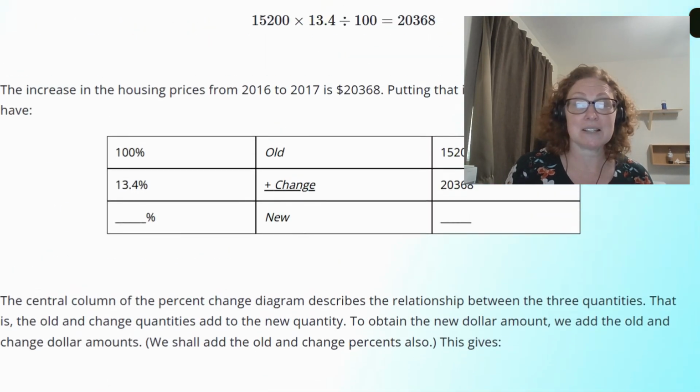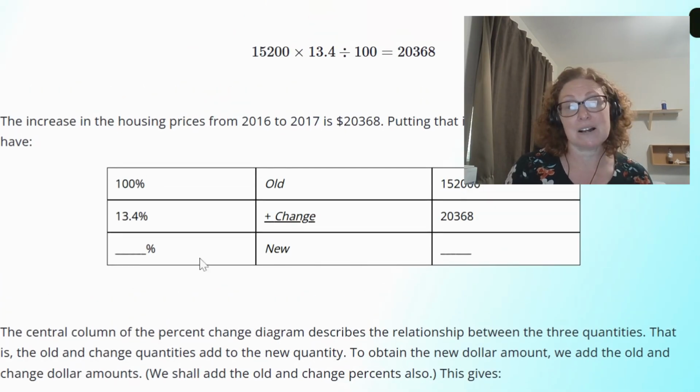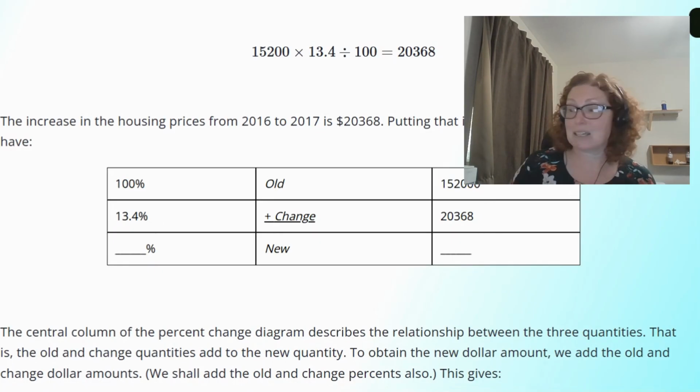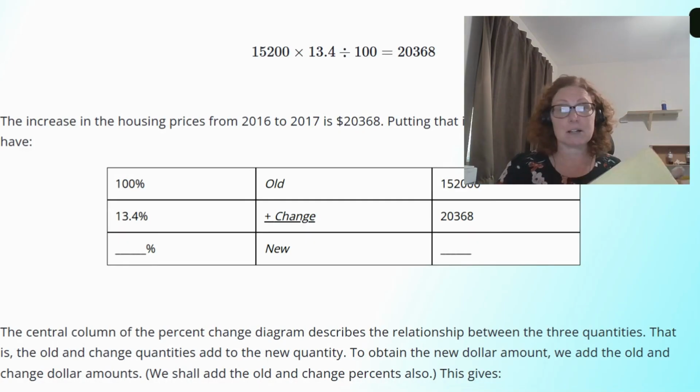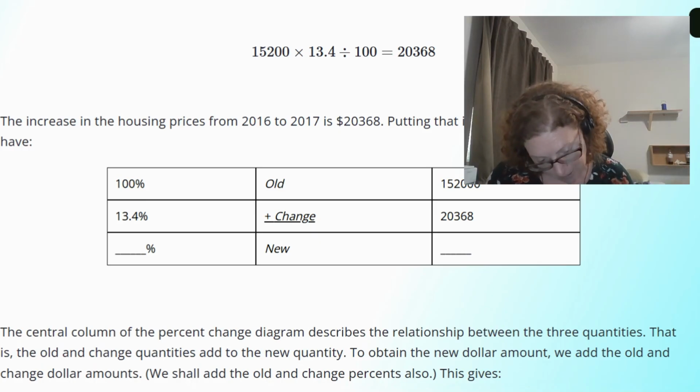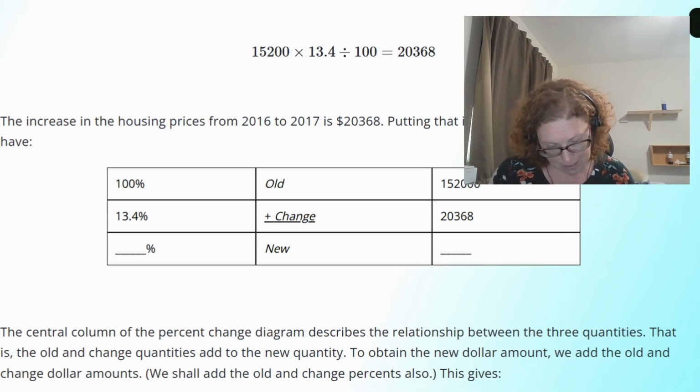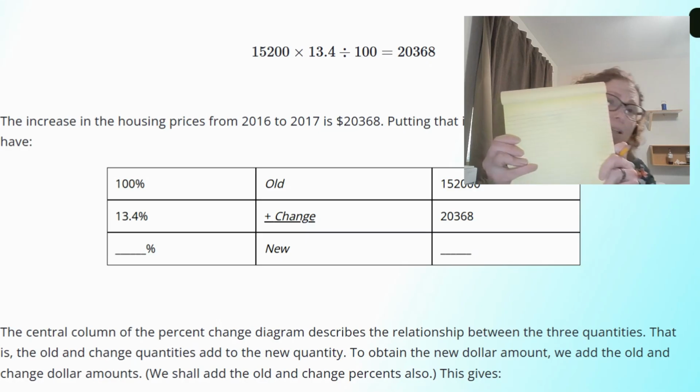When you see this, you would see that it was 100 over 13.4, so 152,000 is the old, and then it would be over X. So I could say 100 over 13.4 is equal to 152,000 over X. So I'm cross multiplying that.